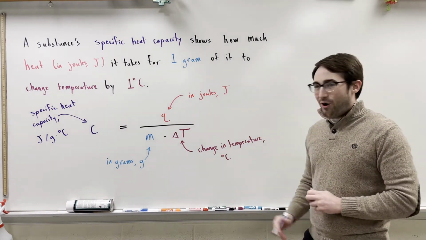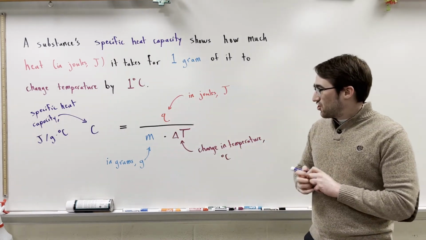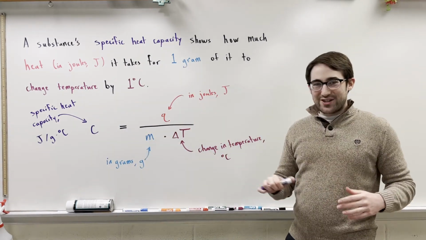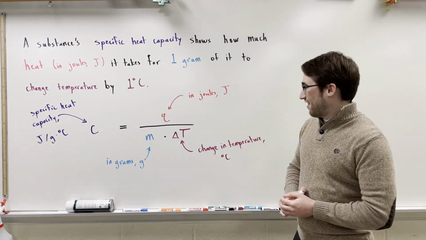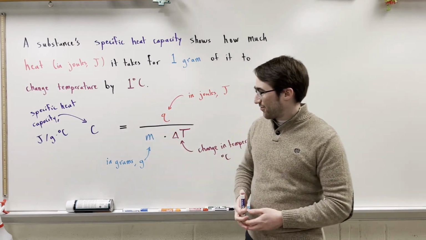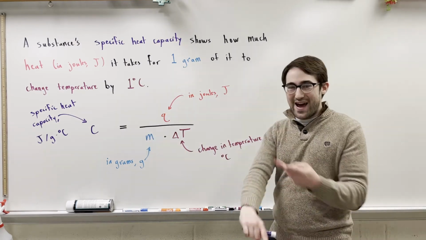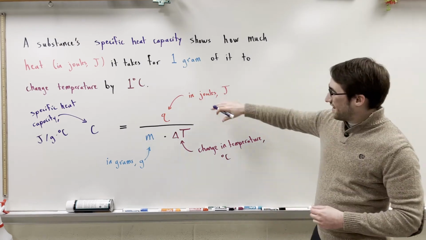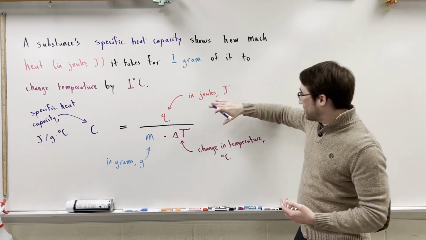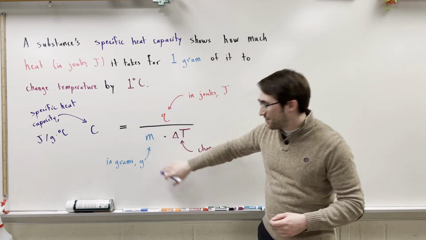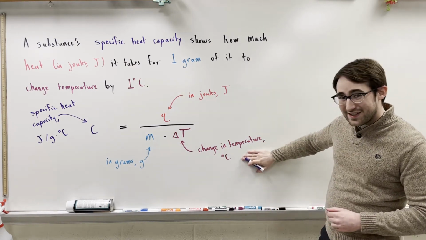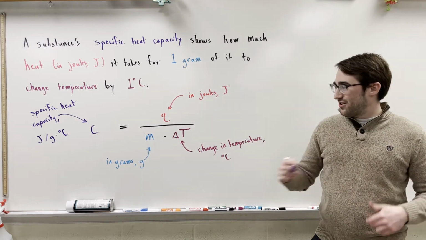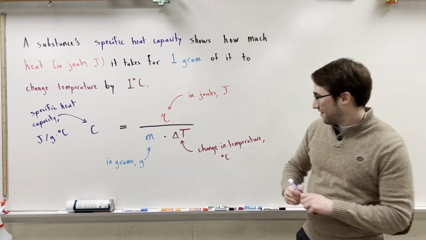Something like that. So all the units we have over here should show up in this unit here. Okay, that's one way to make sure our math works out correctly. Okay, since specific heat capacity is the relationship between the heat and the mass and the change in temperature of whatever is changing, we should have joules of heat and grams of mass and degrees Celsius of a change in temperature in our equation.